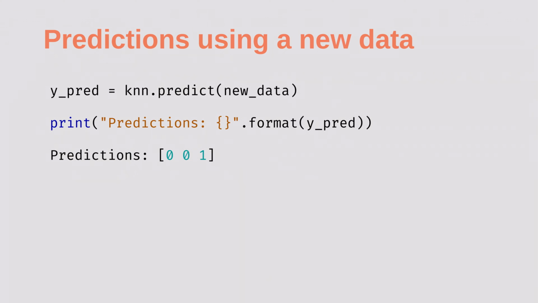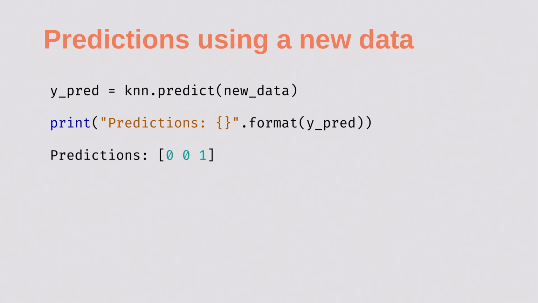Now it's time to make our predictions. We use the predict method from our trained KNN model and pass the new data array we just created. This gives us a prediction for each new customer. We then print the results. Here's what we get: 0, 0, and 1. This means that the first 2 customers are predicted not to churn, they're labeled as 0.